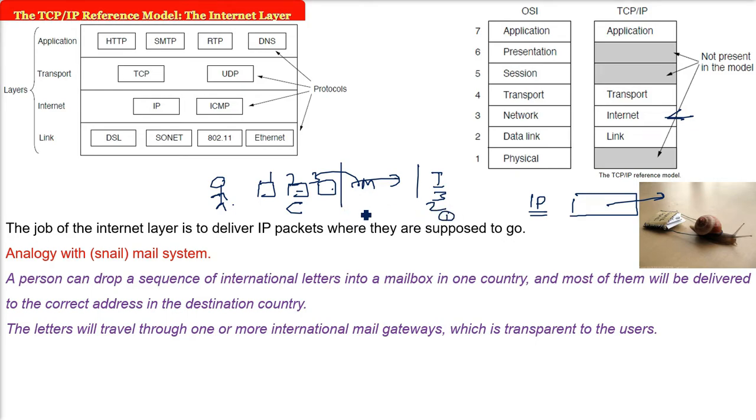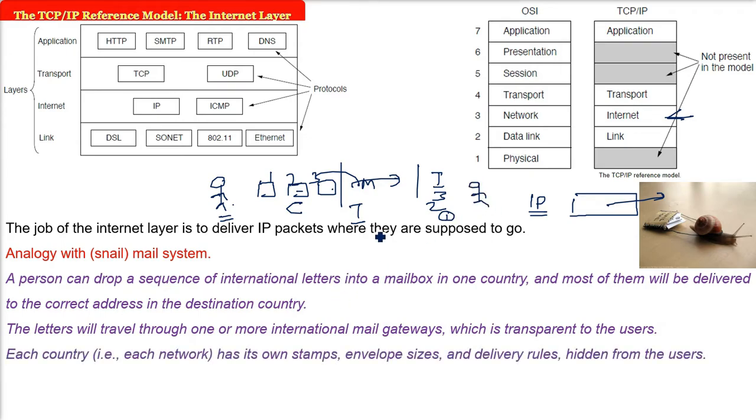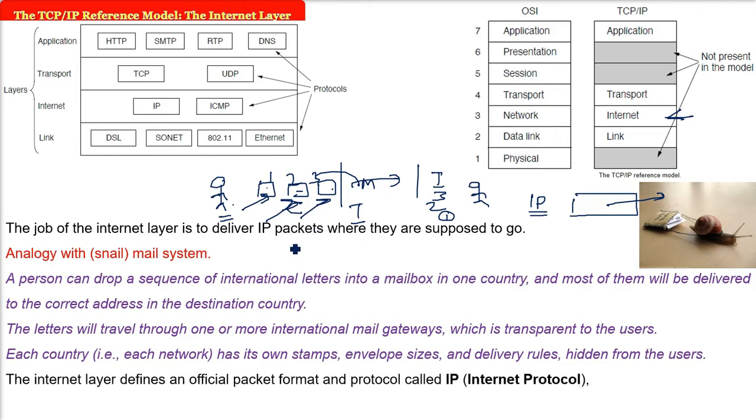You never know, neither the sender nor the receiver. They are not aware that these letters are going through international mail gateways. And each country, in this case each network, has its own stamps, envelope size, and delivery rules. This is also hidden from the users.